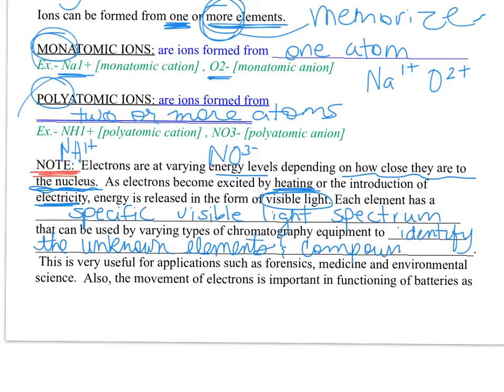One of the most common is a GC mass spec. Again, we did the flame test, or we'll be doing the flame test in here, where we just put the elements in a flame and see the visible spectrum for ourselves. This is very useful for applications such as forensics, medicine, and environmental science.